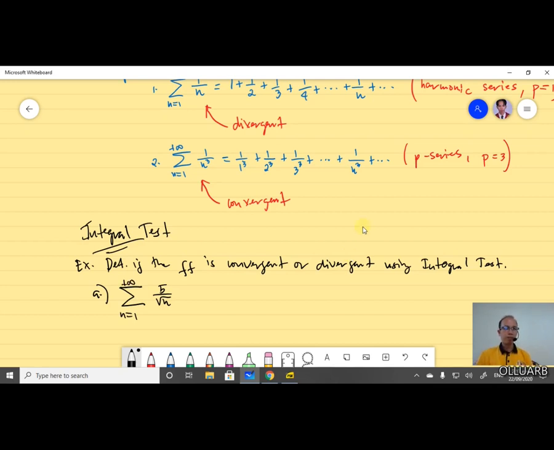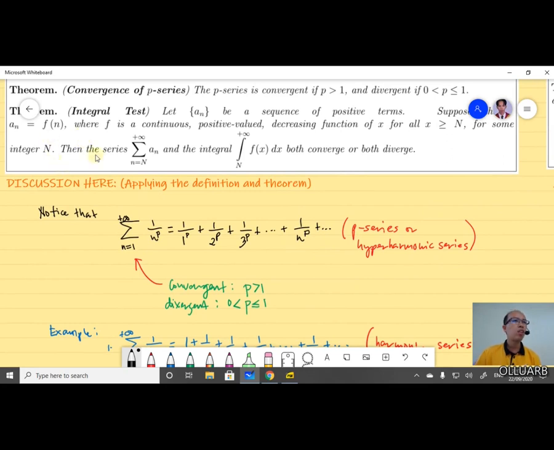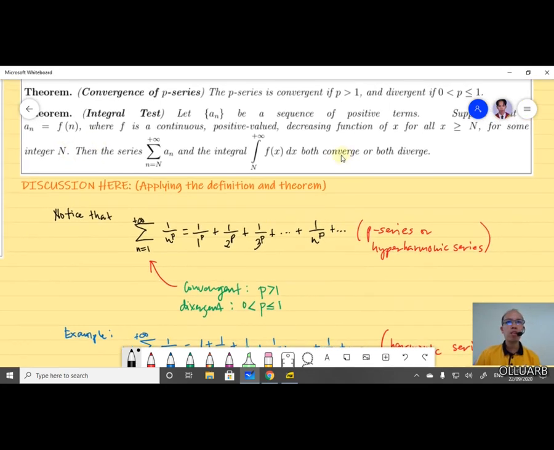Okay, so as you can see in the theorem for the integral test, you have to satisfy the hypothesis of this theorem.